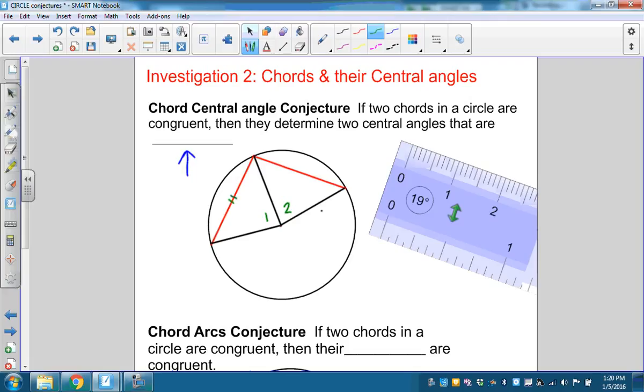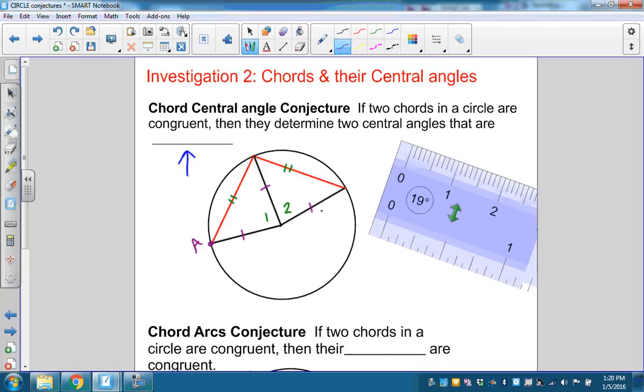If the chords are congruent, we can use markers to identify them as congruent. And the central angles, by definition, are formed by radii, so all of these are congruent. So I have a triangle here.